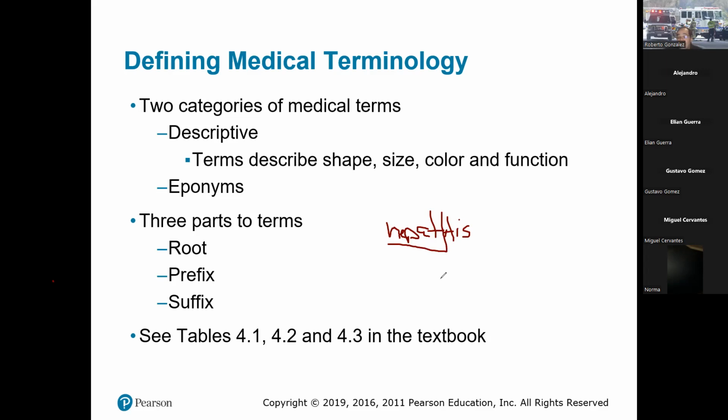Hepato means liver, and itis is the suffix, and it means inflammation. So basically, this word means inflammation of the liver. So this would be liver, hepato, and itis, which basically means inflammation.